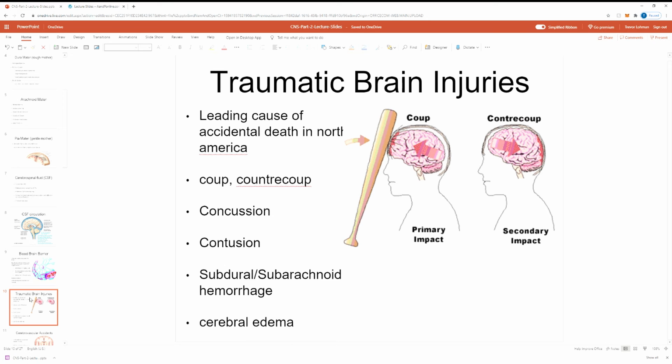And in this case, the skull is actually pushed backwards, and the brain remains relatively stationary. So the trauma site is anterior in this photo. But then there's a rebound effect, so the brain will rebound posteriorly, the head will rebound anteriorly, and you get a counter coup, which is an injury on the posterior aspect in this case.